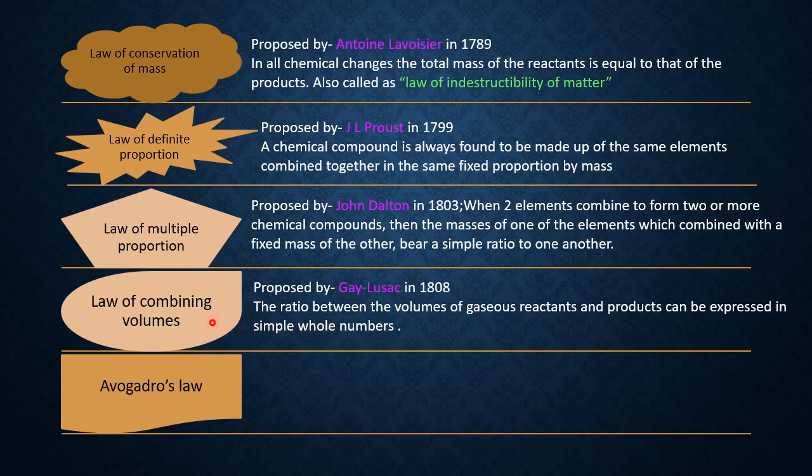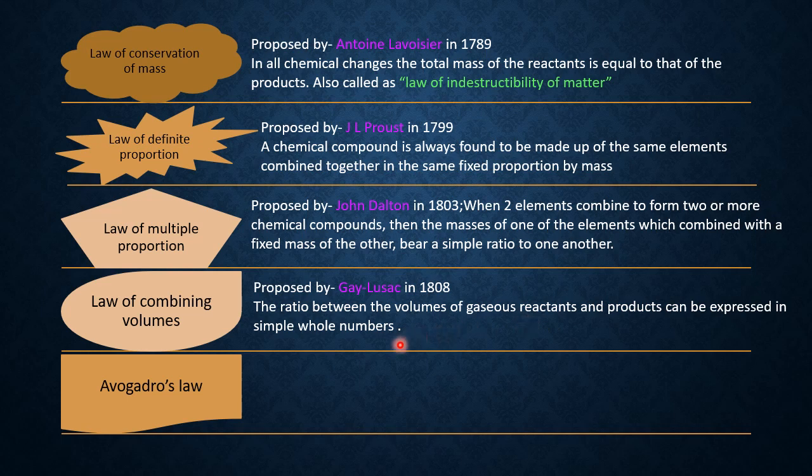This is for when two gases are reacting, nitrogen gas and hydrogen gas, reacting to get ammonia gas. At that time they bear simple whole numbers. What bears? The ratio between the volumes of gaseous reactants and the products. So the ratio of nitrogen to hydrogen is nitrogen 1, hydrogen 3, 1 is to 3.